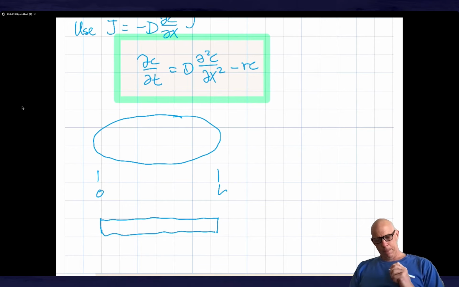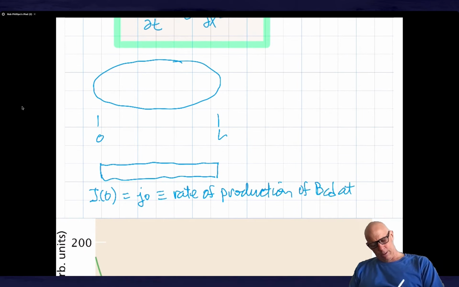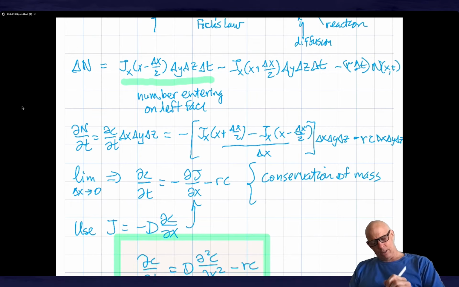And what I want to do is I want to say that J at 0 is equal to some J0. This is the rate of production of Bicoid at the anterior end.